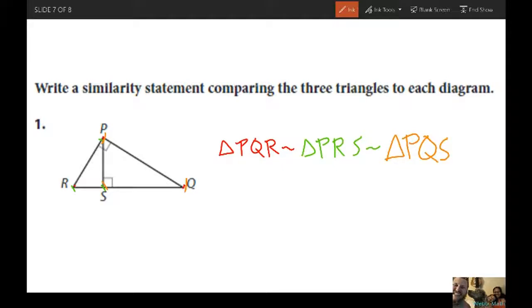So you have 3 triangles inside that one image, all sharing one side or another, and they're all similar because of that.